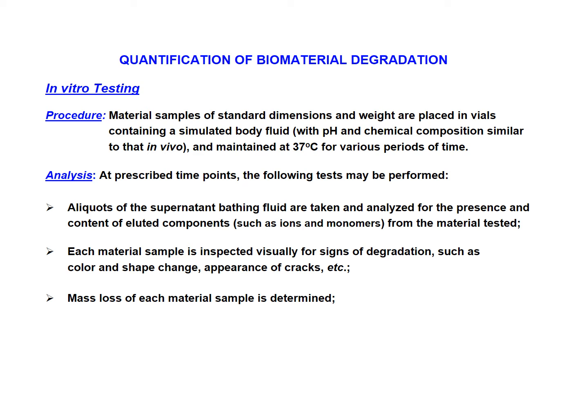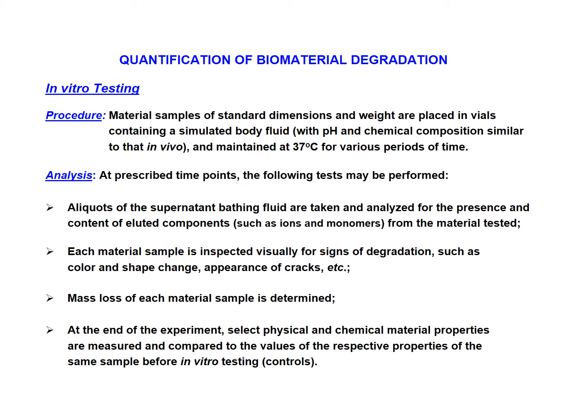Another important aspect, and that's why we start with materials which have been weighed and that particular datum has been recorded: mass loss of each material specimen is determined at each prescribed time point.